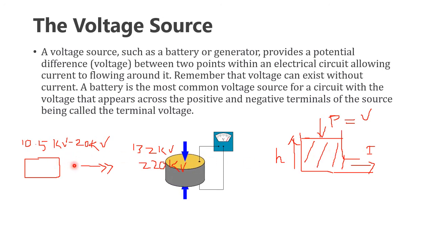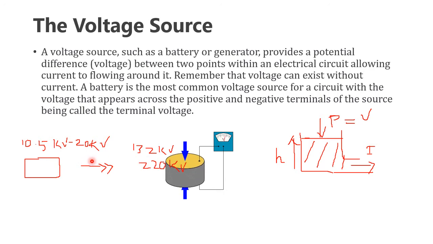To transmit over a long distance, they need to reduce the transmission loss. To reduce the loss, they need to step up to high voltage. Therefore, we use 220 kV for long distance transmission.